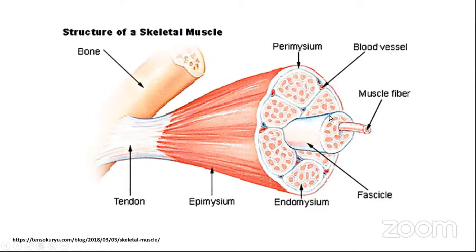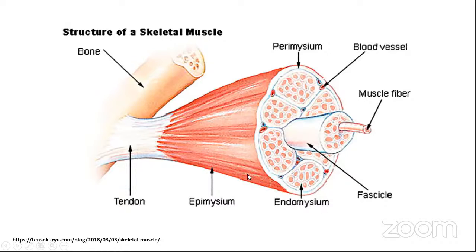The covering of this fascicle is called perimysium. Within each fascicle, there is presence of the muscle fibers, and the covering of this muscle fiber, a membranous connective tissue, is called endomysium.